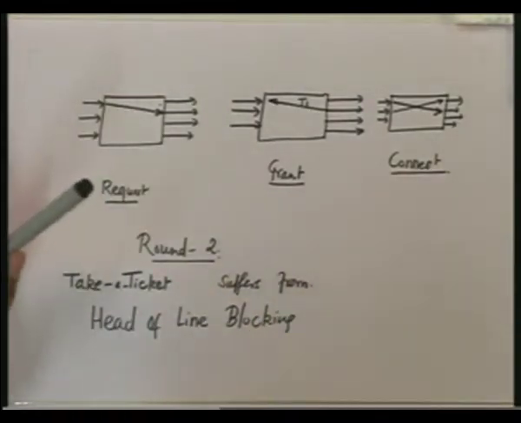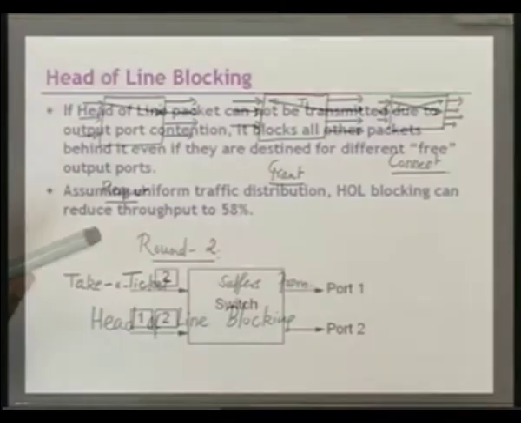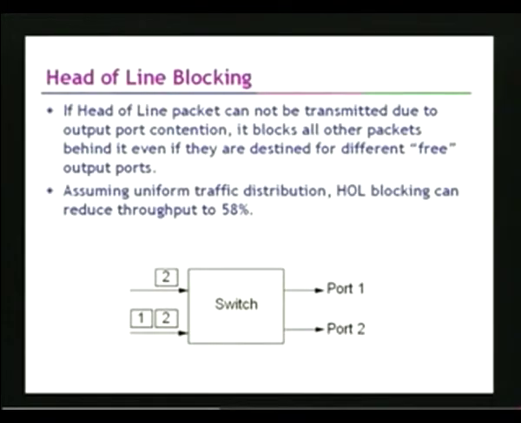As you can see here, if the head of the line packets cannot be transmitted due to output port contention, then it blocks all other packets behind, even if they are destined for different free output ports. Okay.